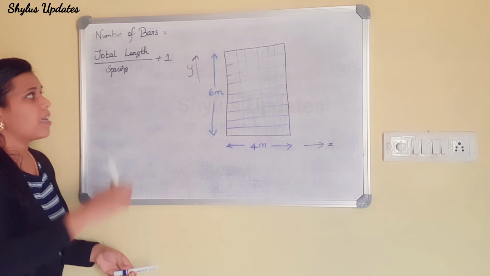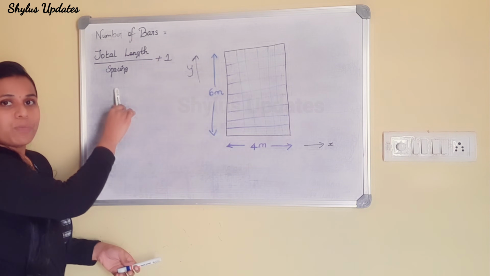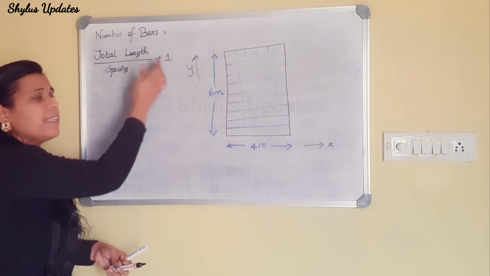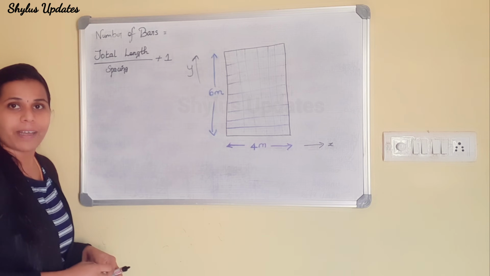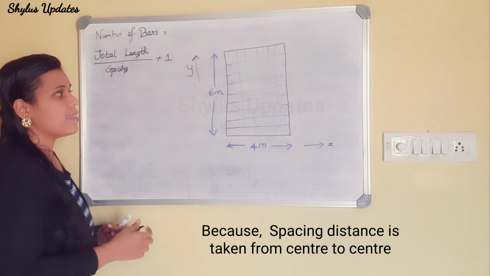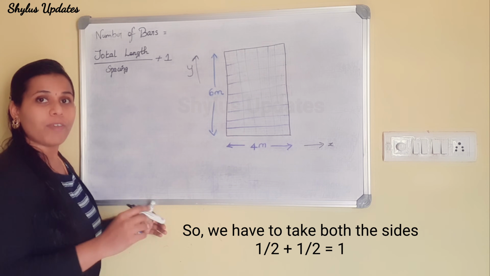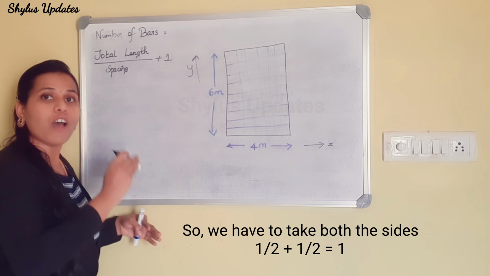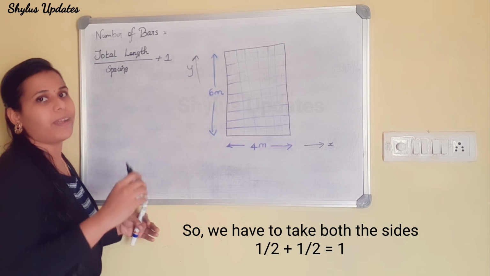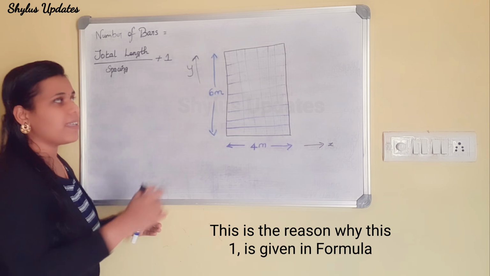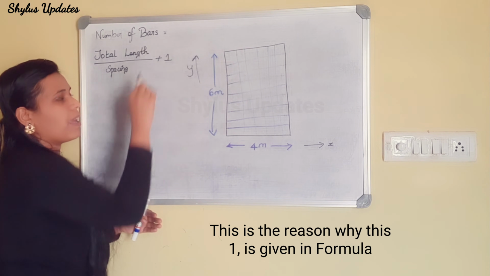The formula is total length divided by spacing plus 1. Why this plus 1 is given in this formula? Because spacing distance is taken from center to center. So we have to take both the sides half plus half, which is equal to 1. This is the reason why this 1 is given in this formula.